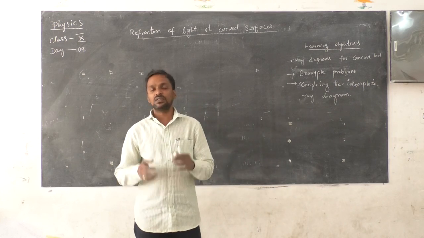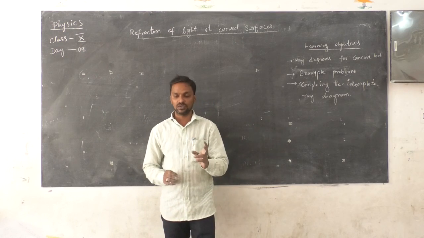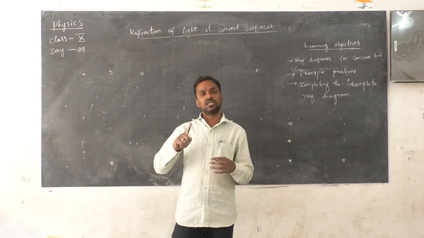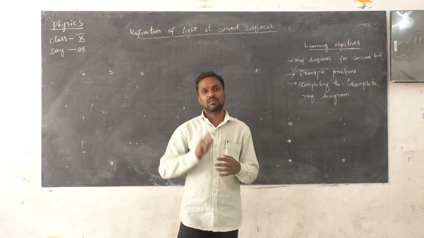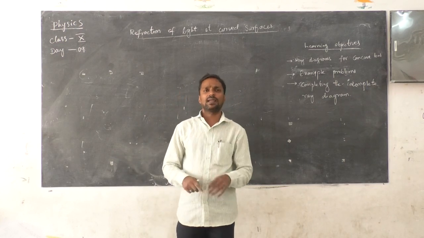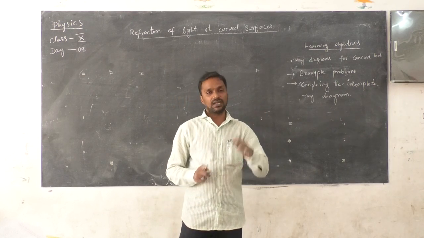So here, in the lens, when you are drawing the ray diagram, we learned 6 situations where the object is placed at infinity, beyond the center of curvature, at the center of curvature, between the center of curvature and focal point, at the focal point, and between the focal point and optic center.